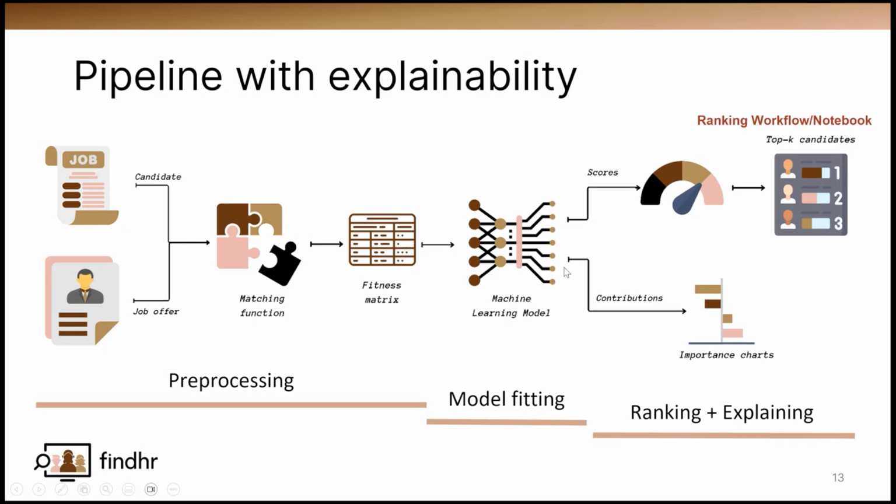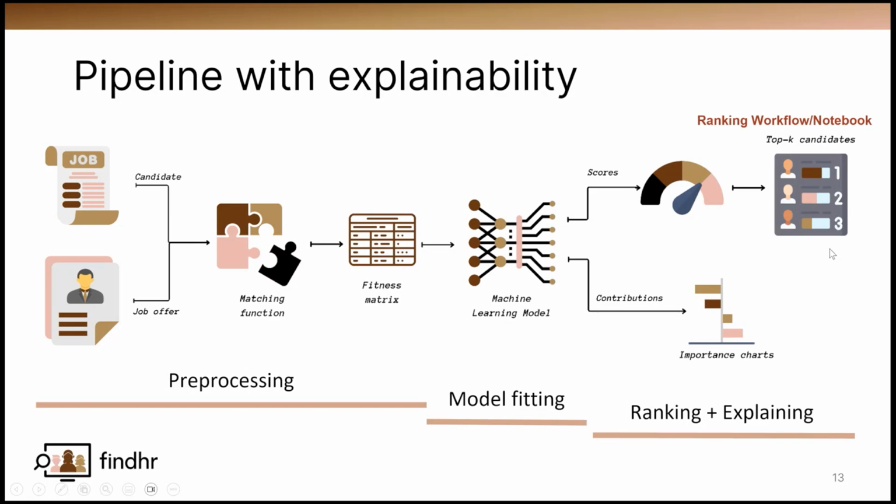Once we have new data, which we simulate with the test data, we can ask the machine learning model to make scores given the fitness features. These scores are used to rank candidates from the highest to the lowest score.